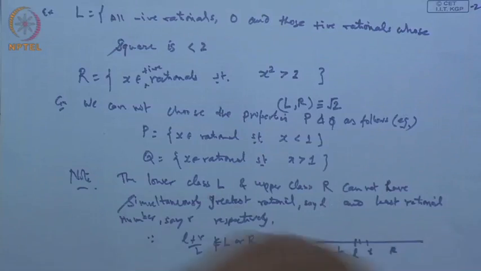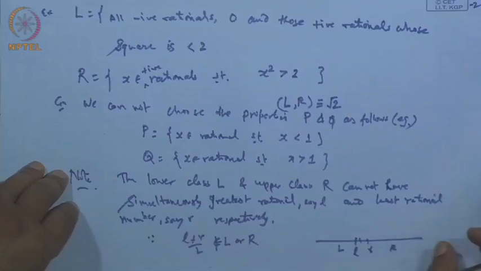Now, combining this, what we finally get is a section of numbers with three types of classes. One is that the lower class has a largest number and the upper class has no lowest number.